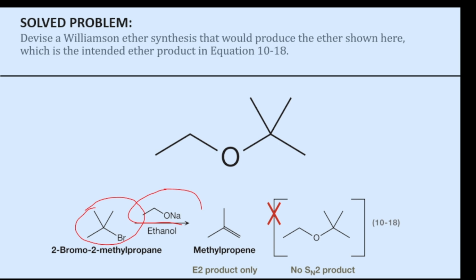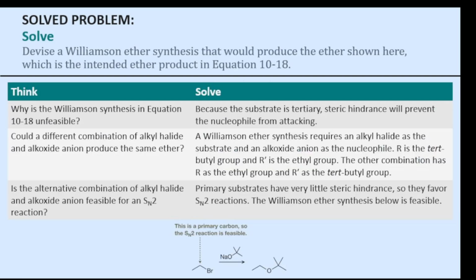So the way you can fix this is you could have just done the ethane bromide and then done the tertiary alkoxide instead. That would have given you the product. It's not actually difficult to fix. You just have to start off with slightly different reactants.